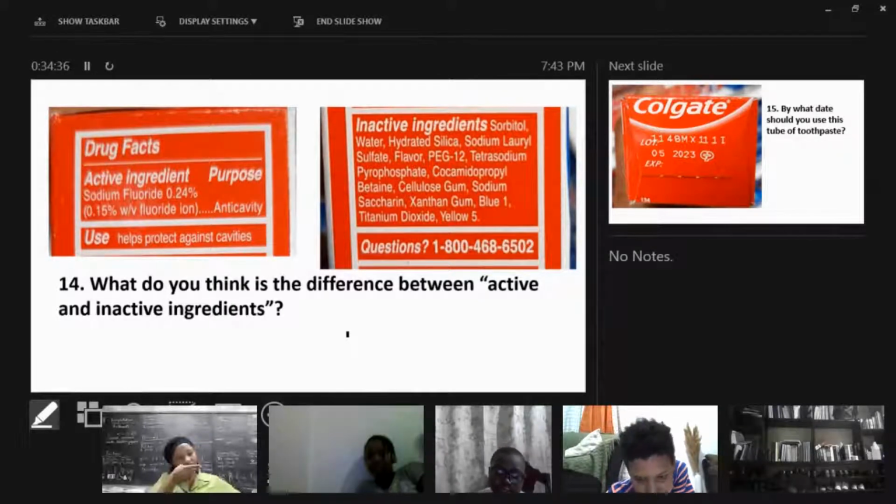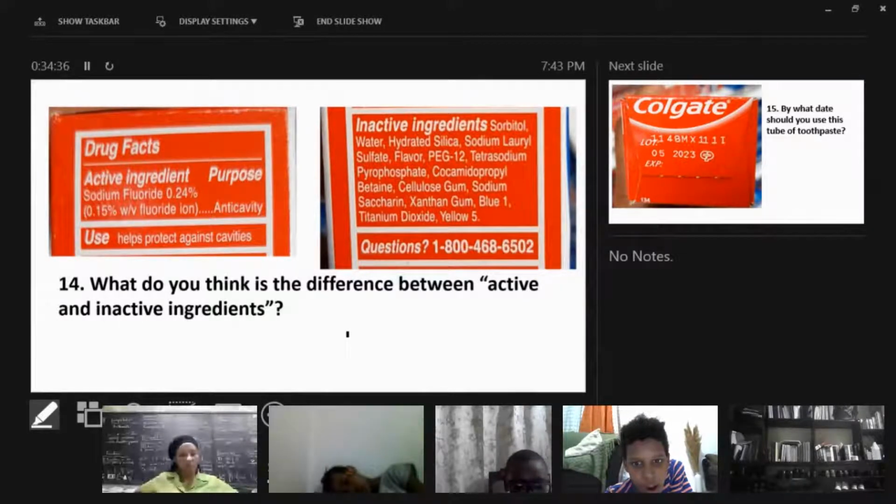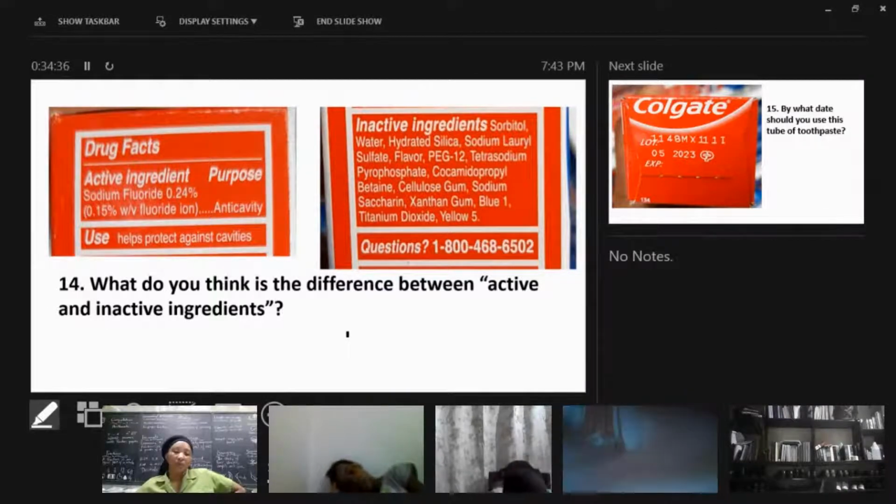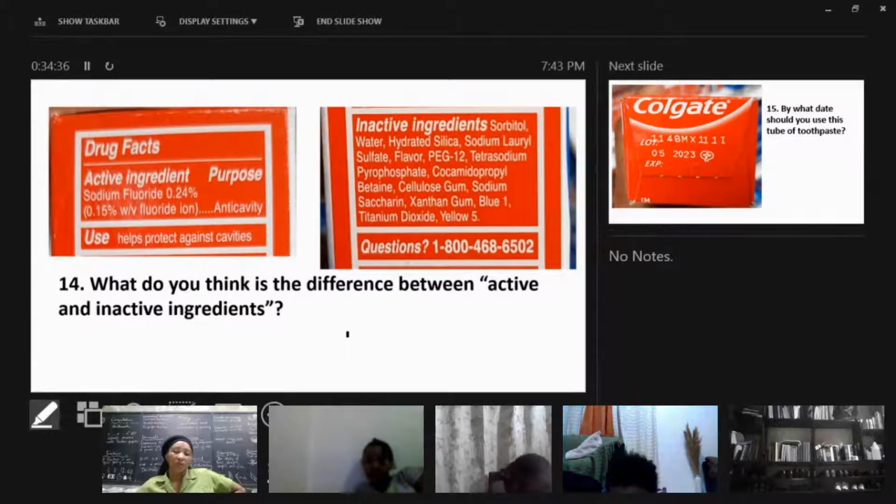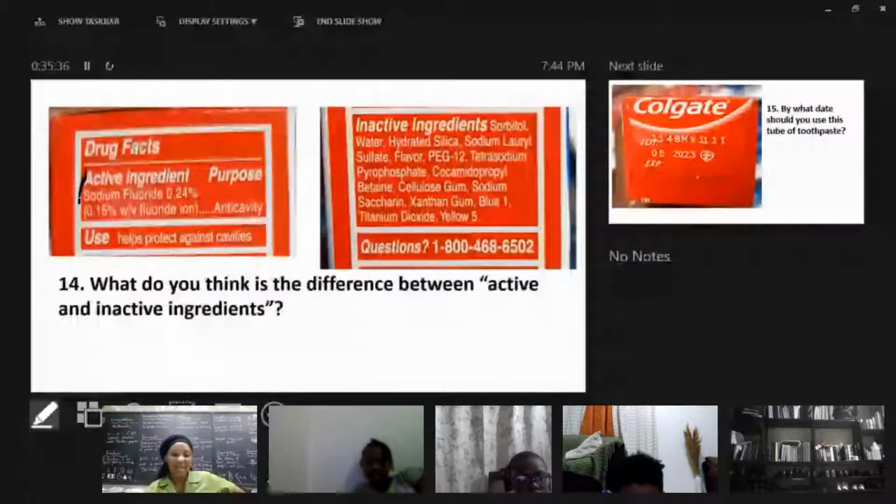What do you think is the difference between active and inactive ingredients? So we have an active ingredient, the active ingredient fluoride, and then we have all these inactive ingredients here. What do you think is the difference? Why are some ingredients active and some inactive?